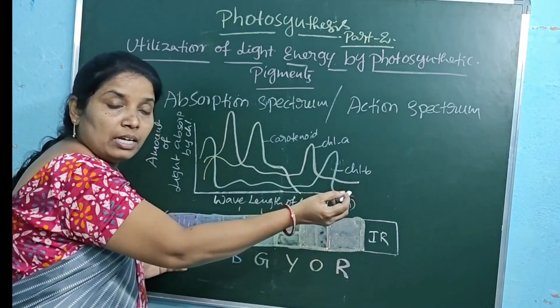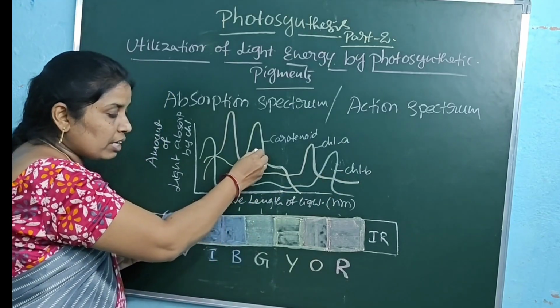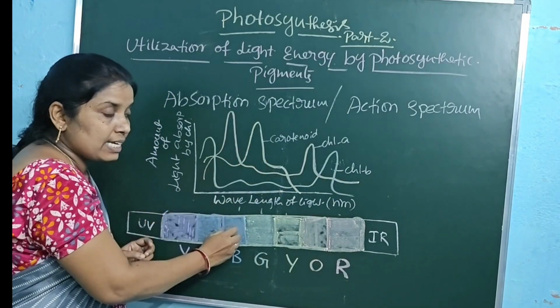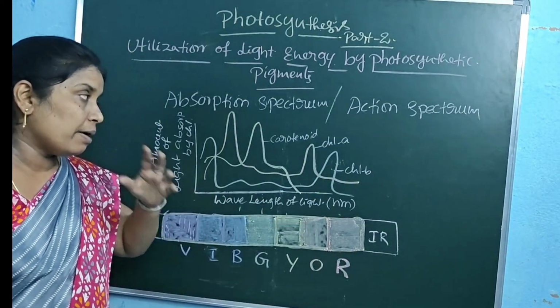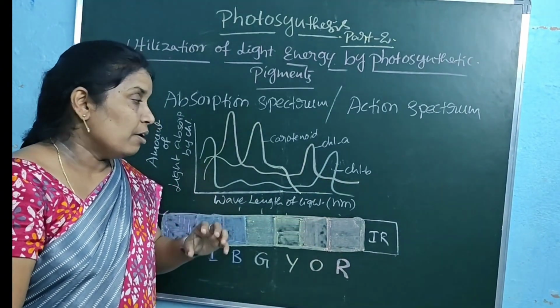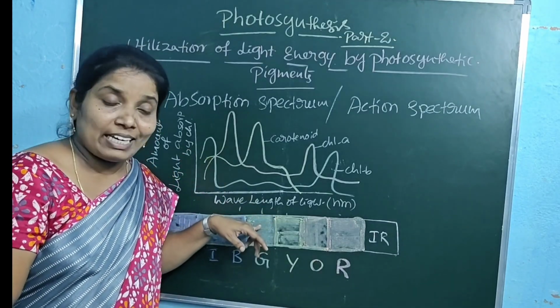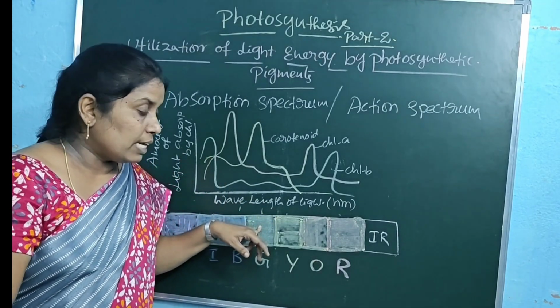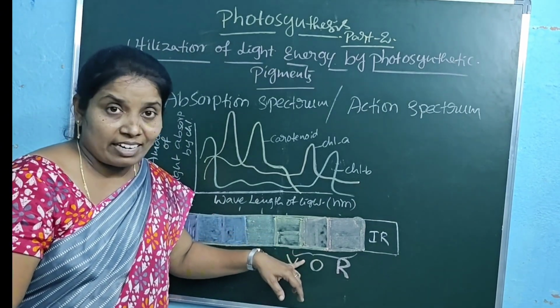The same condition is observed in chlorophyll B also. More light is absorbed in the blue region as well as the red region. Whereas carotenoids absorb more radiation in the green region.